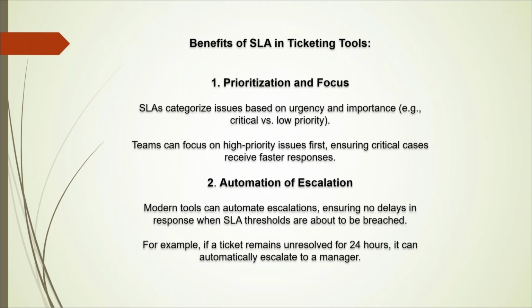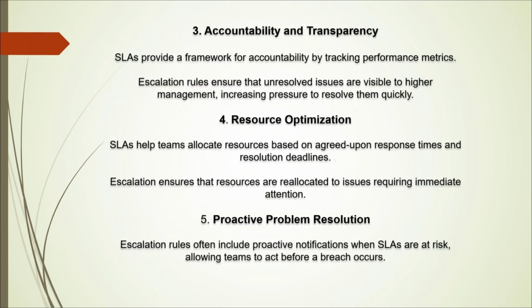Then comes accountability and transparency. SLA provides a framework for accountability by tracking performance metrics. Escalation rules ensure that unresolved issues are visible to higher management, increasing pressure to resolve them quickly. Then resource optimization.